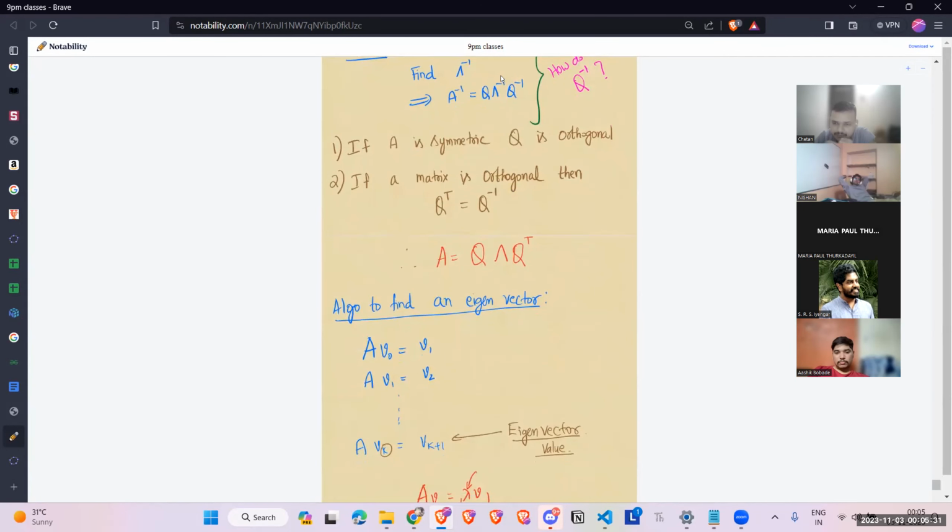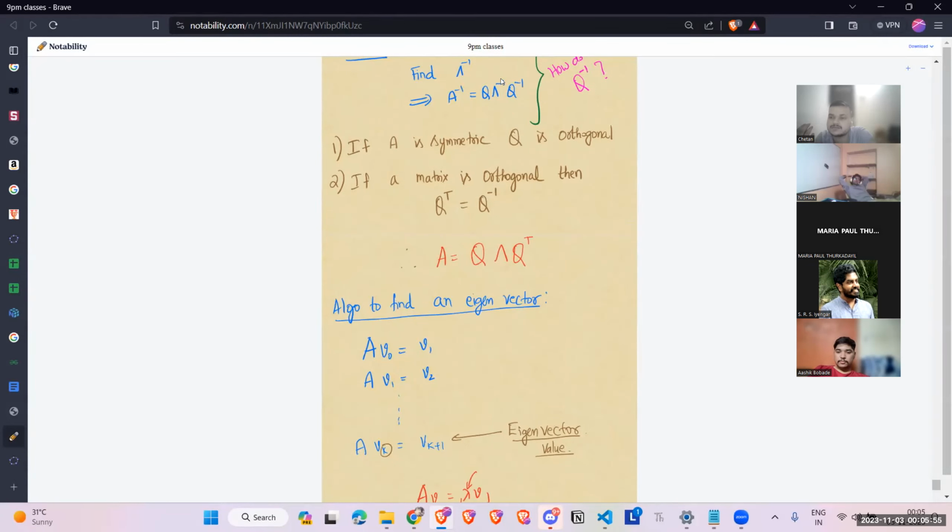You take any random vector from R2. You input it to a matrix, you get some output. You take that output again, input that again in the matrix, you get another output. You take that output again, input it in the matrix, again you get an output.